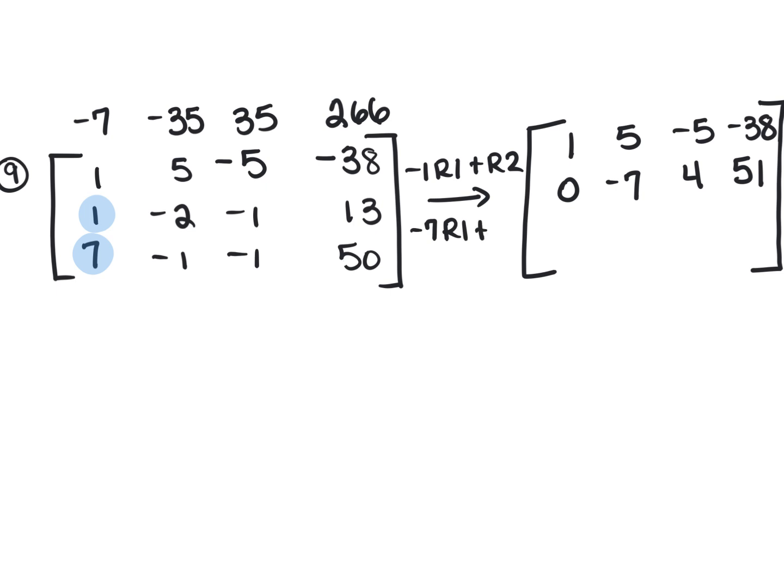And now we're going to add this to row 3. So I have negative 7 plus 7. I have negative 35 minus 1. I have 35 minus 1. And then I have 266 plus 50.